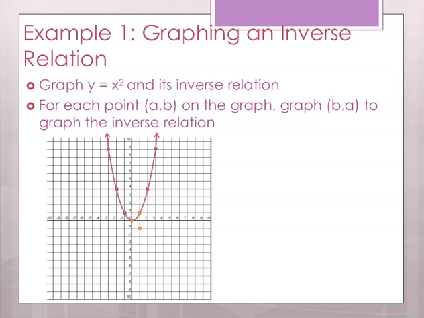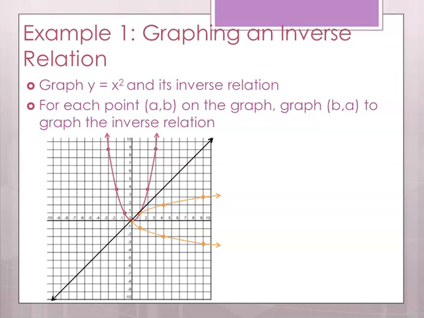Take the point 2, 4 and that becomes 4, 2. Negative 2, 4 becomes 4, negative 2. 3, 9 becomes 9, 3. And negative 3, 9 becomes 9, negative 3. So you can see here we have what looks like a sideways parabola, and graphically you can see how this is a reflection along the line y equals x.